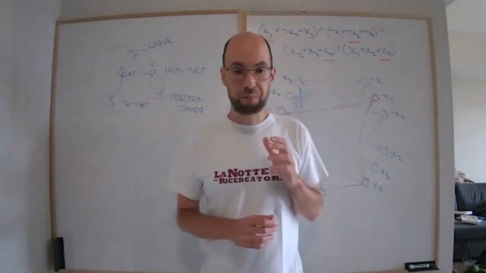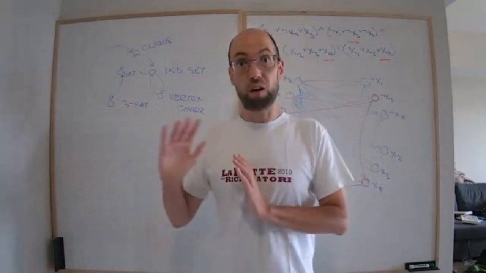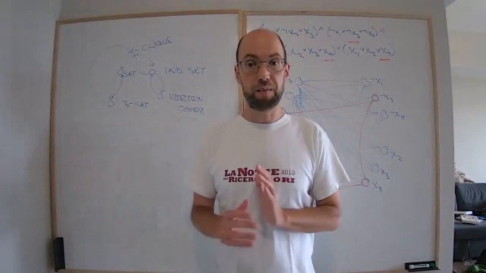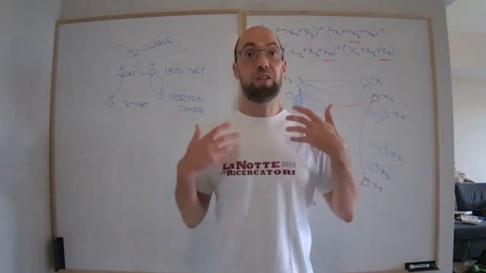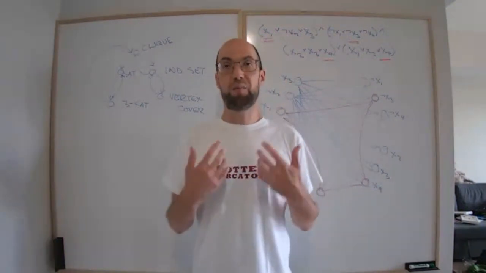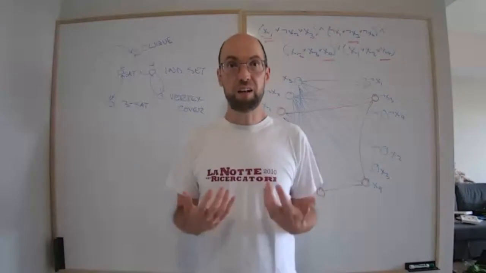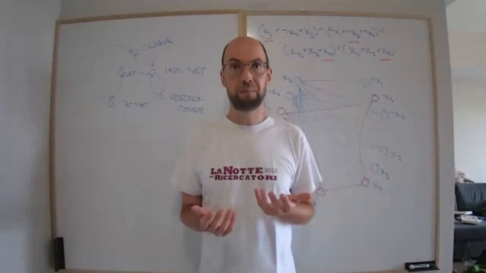So they're not impossible. There exist problems that are formally impossible, and we can prove it. But these aren't. We just don't have a polynomial time algorithm for them. And if you came up with a polynomial time algorithm for one, you'd come up with a polynomial time algorithm for all of them.